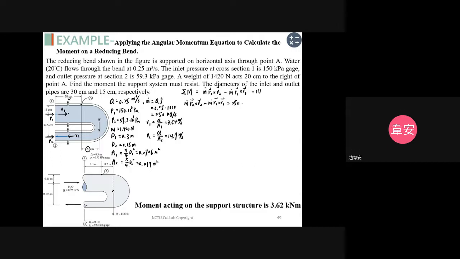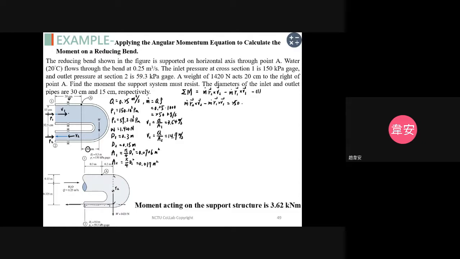Where is R2? R2 is here. R2 is the distance from here to here. R2 is 0.15 plus 0.325.